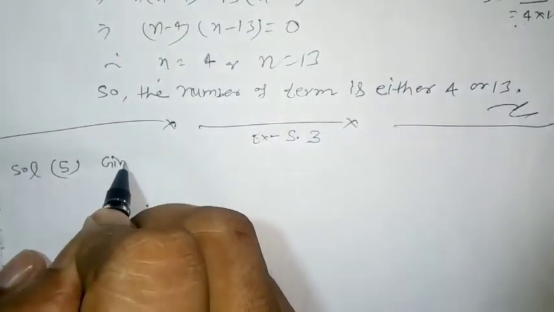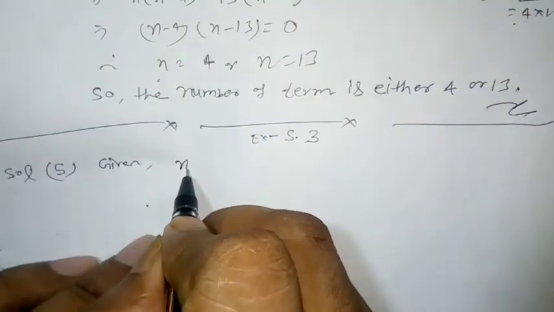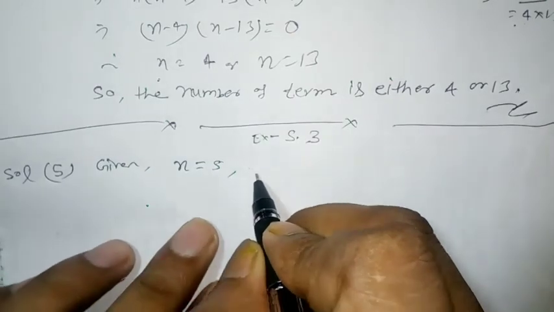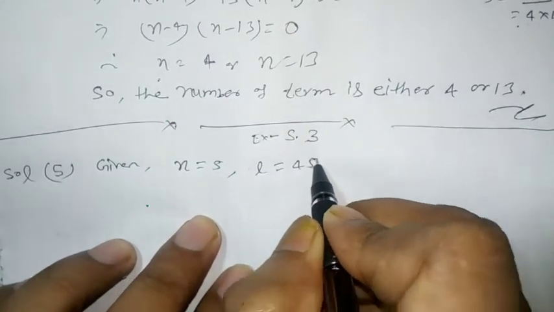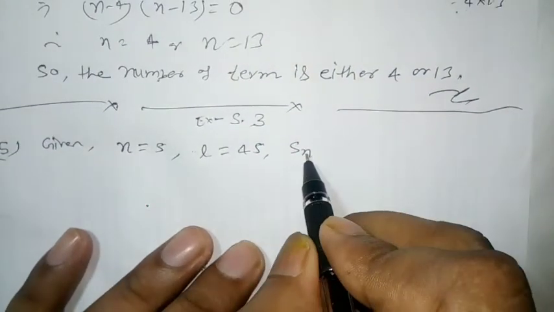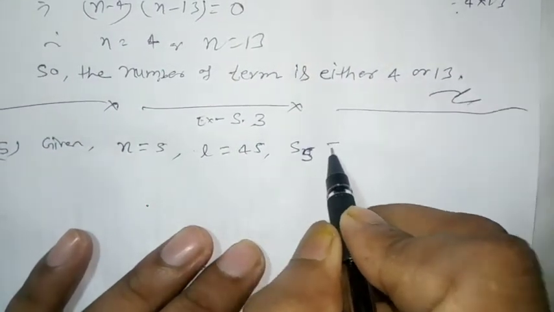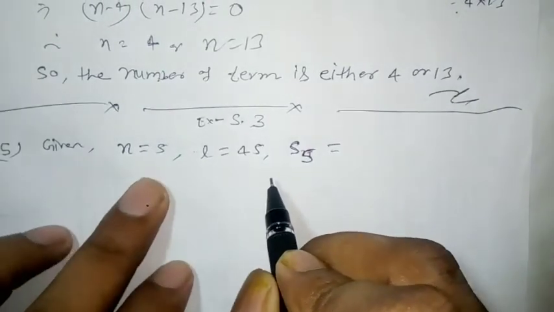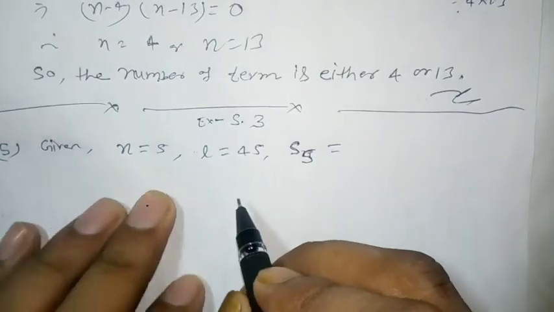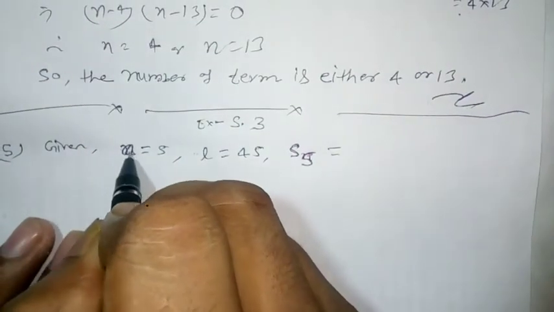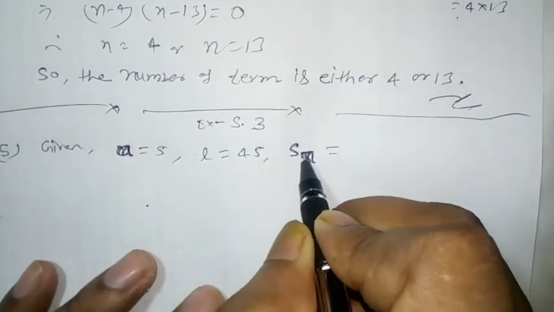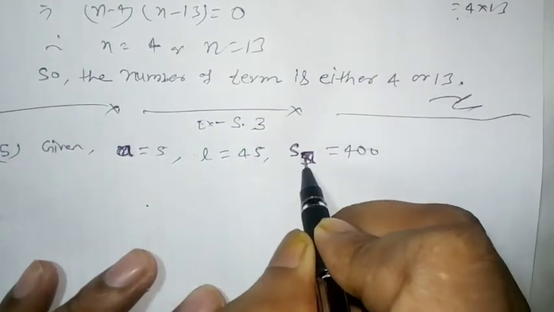Given: a is equal to 5, the first term is 5. L is equal to 45. Sn is equal to 400.